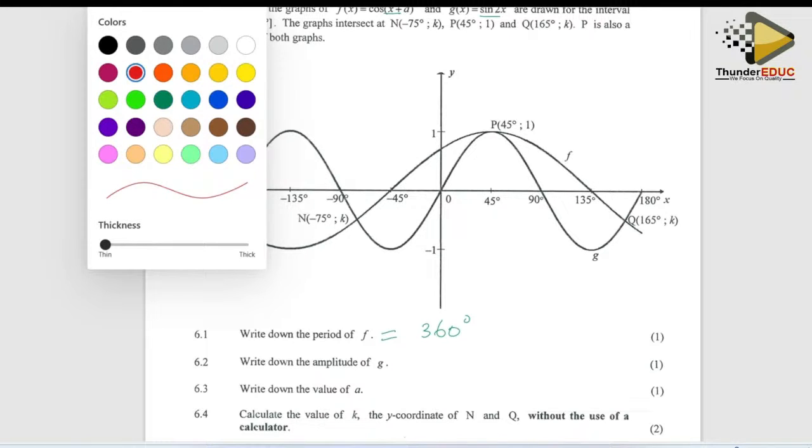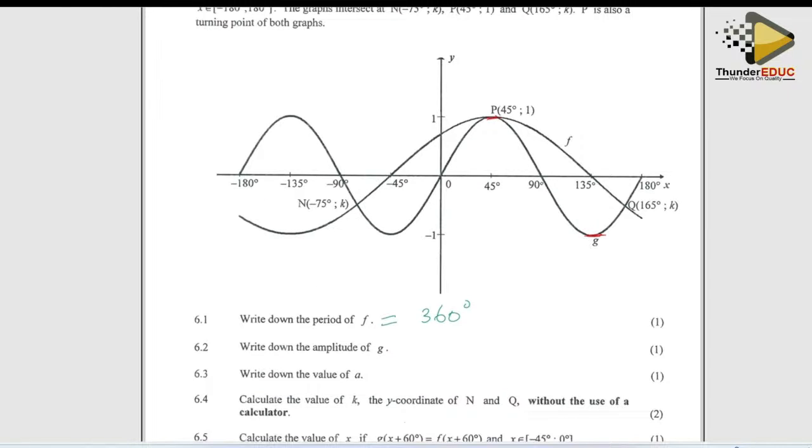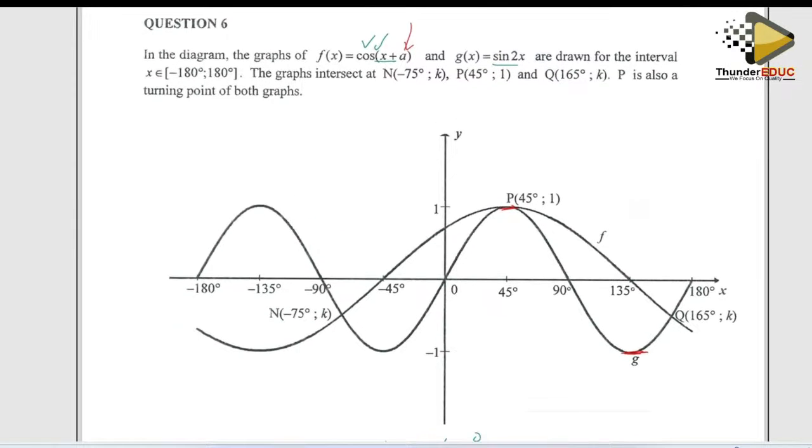Okay. And then for the amplitude of g, the maximum displacement, that's a negative 1, that's a positive 1. So for g, the amplitude is 1. Okay. And then the value of a, what does a represent here? So this a represents a shift. The graph was moved some units.